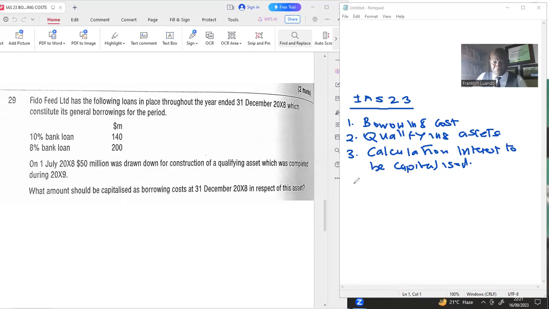Number four, we'll look at temporary funds that are not required now being invested, so there will be a temporary investment of funds not required now.